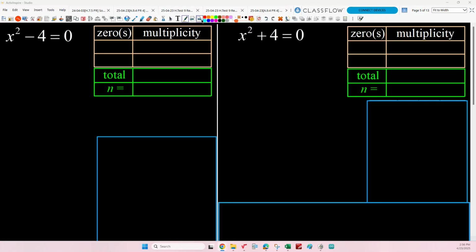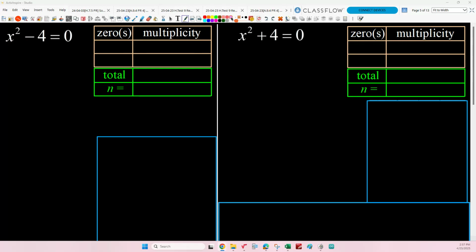Okay, if we look at the one over there, how could we find the zeros? Well, what if you isolate x? Yeah, we could isolate x. He said factoring.